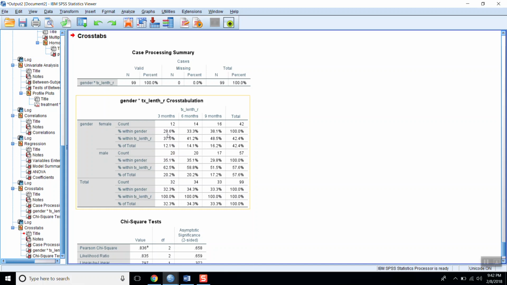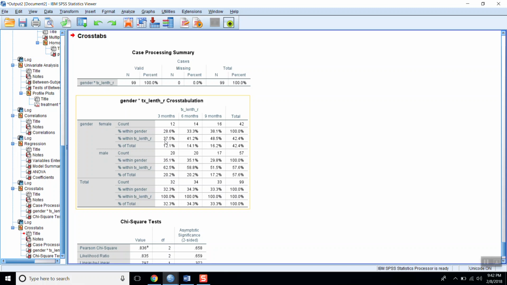Of all the females, 28.6% were in treatment for 3 months, 33% were in treatment for 6 months, and 38% were in treatment for 9 months. Now, within treatment length, so of the people who were in treatment for 3 months, 37% of them were female. Make sense? So again, I have to think through it every single time.